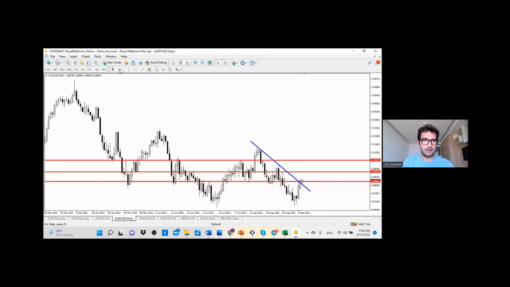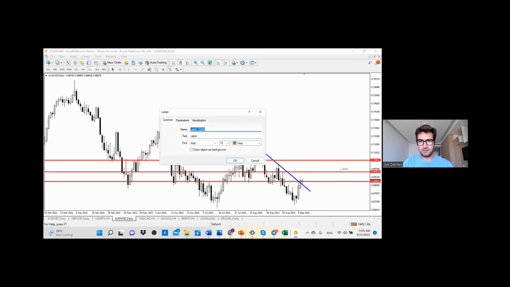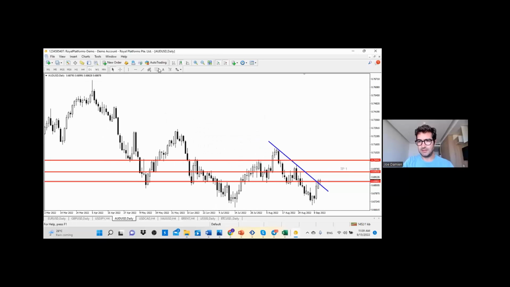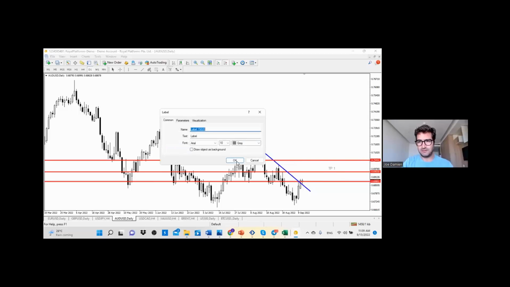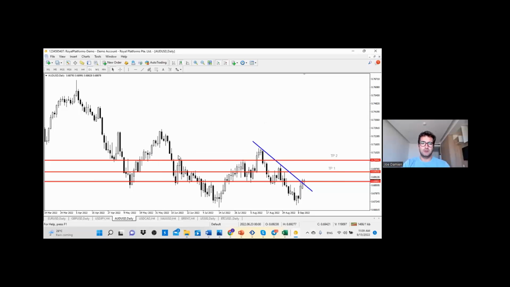So first target around here, I can call it TP1, target 1. Second target, it could be around here, 70.44.